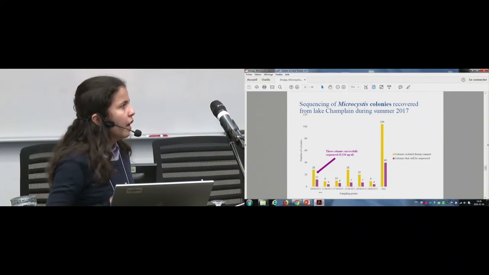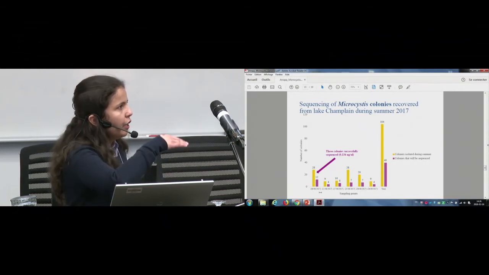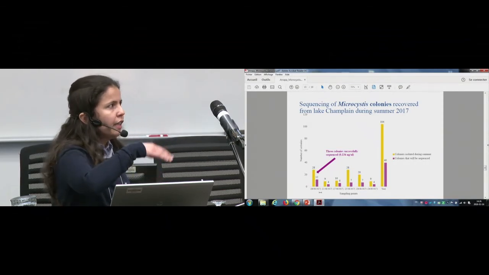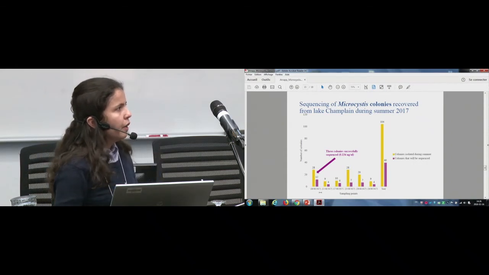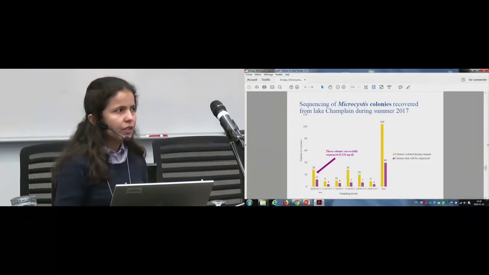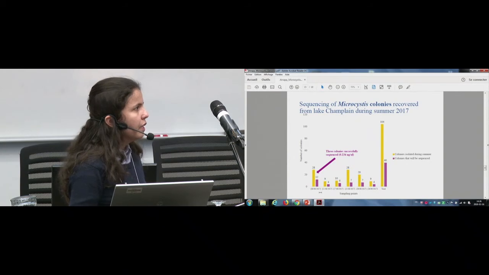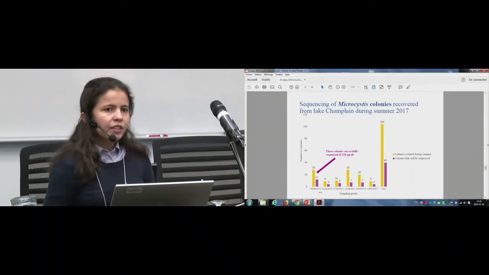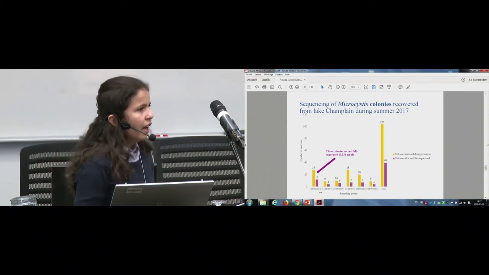In yellow are the colonies that we isolated during the summer last year, at 6 time points. In purple are the colonies that will be sequenced, as we did a successful DNA extraction from these colonies. As a preliminary test, we sequenced 3 of them.